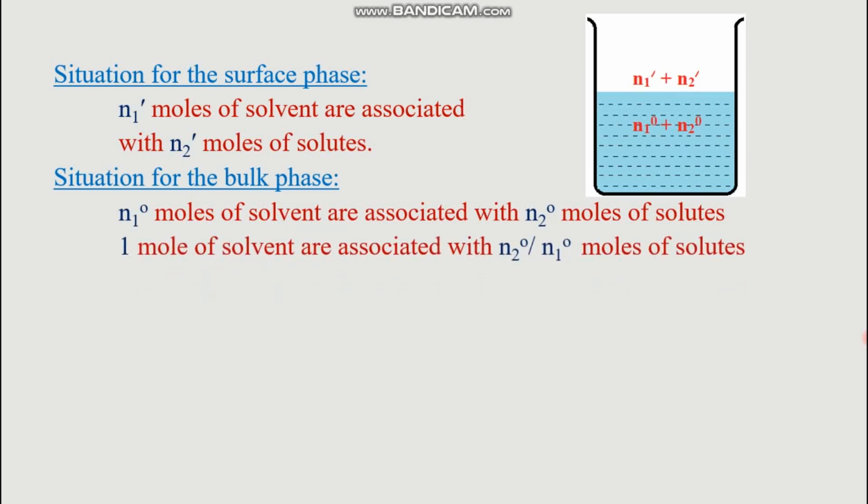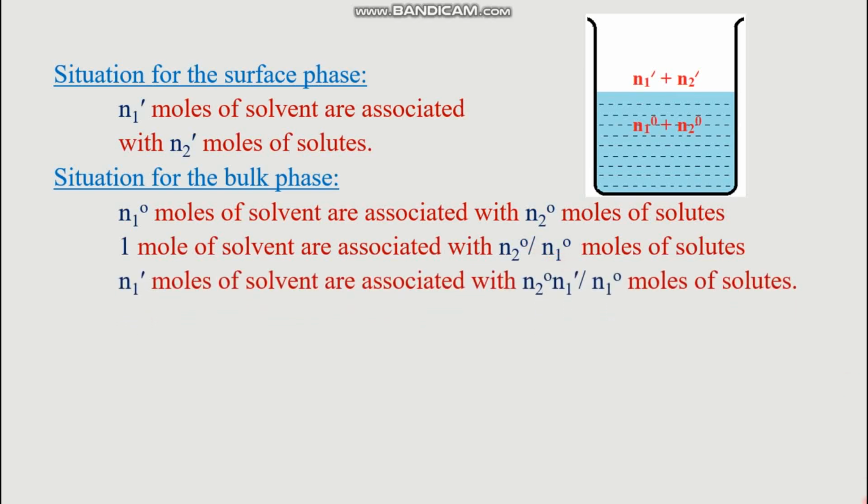Therefore 1 mole of solvent is associated with n2 0 over n1 0 moles of solute in the bulk phase. Therefore n1 prime moles of solvent are associated with n2 0 n1 prime by n1 0, just multiplying this ratio with n1 prime. This is the term which is found in equation number 30, and you have found there the difference n2 prime minus this term.